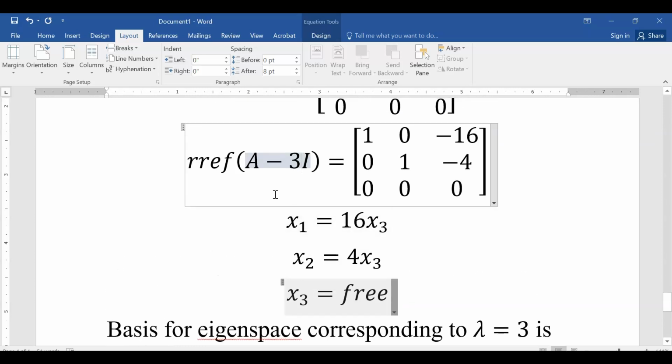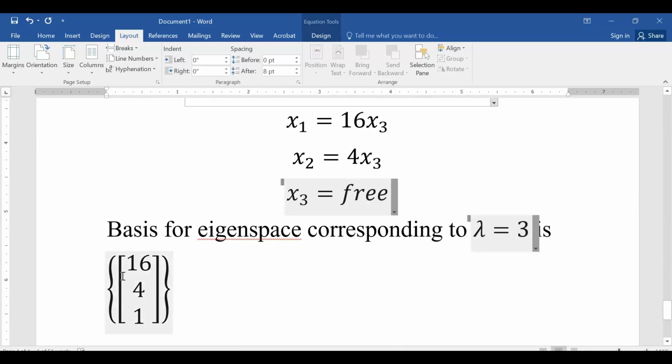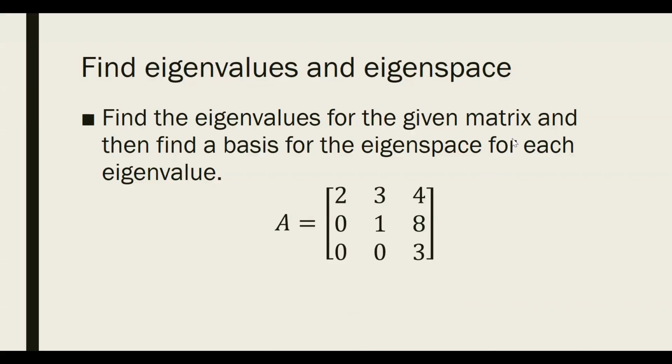A basis for the null space of A minus 3I is a basis for the eigenspace corresponding to lambda equals 3, and we get 16, 4, 1 as the vector which forms a basis for the eigenspace of A corresponding to lambda equals 3. I hope that all makes sense, all of those calculations, all right?